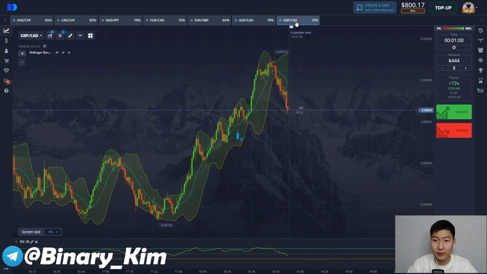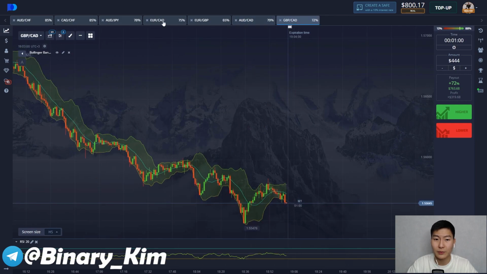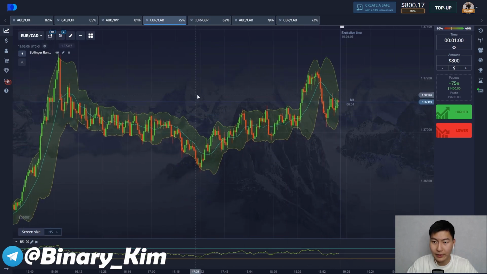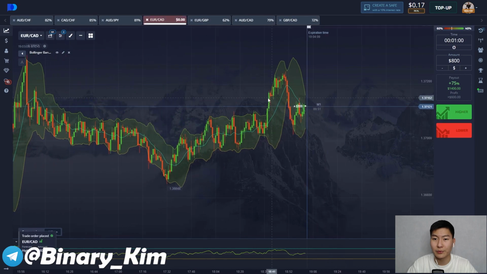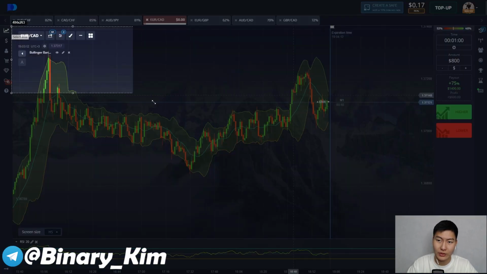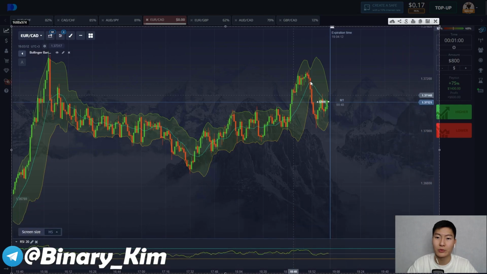And let's continue analyzing. Also, we need to update the trade amount. And here I see a good trade entry for long, guys. Let me explain the principle. First of all, look at this huge correction to the downside, the touch of the lower boundary of the channel. However, the touch of the upper boundary hasn't happened yet.